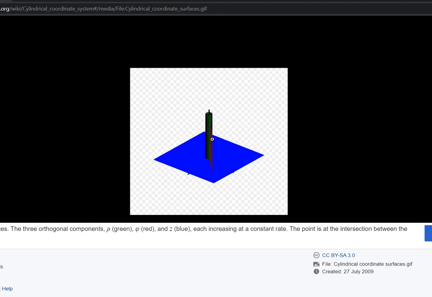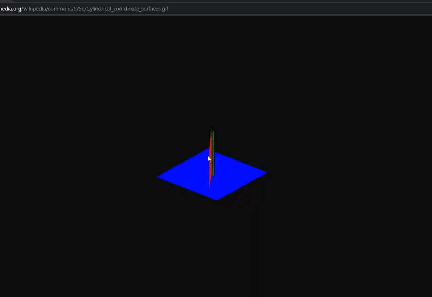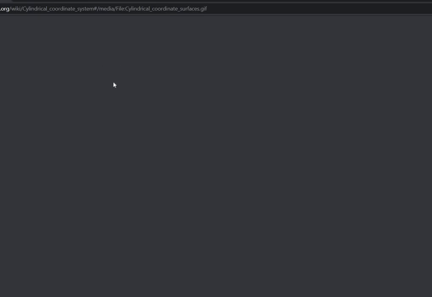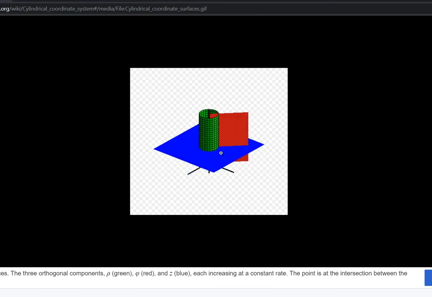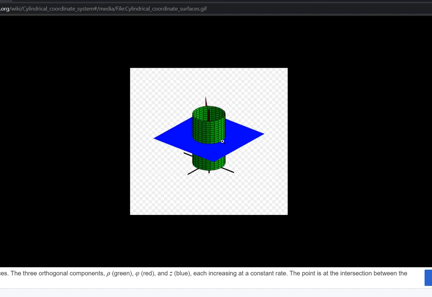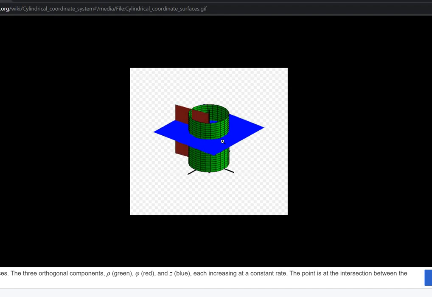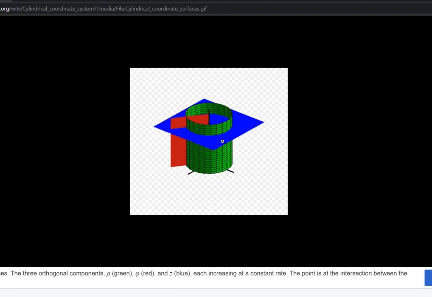At the first attempt, the radius is very small, and the radius is increasing. Theta is always from 0 to 360.